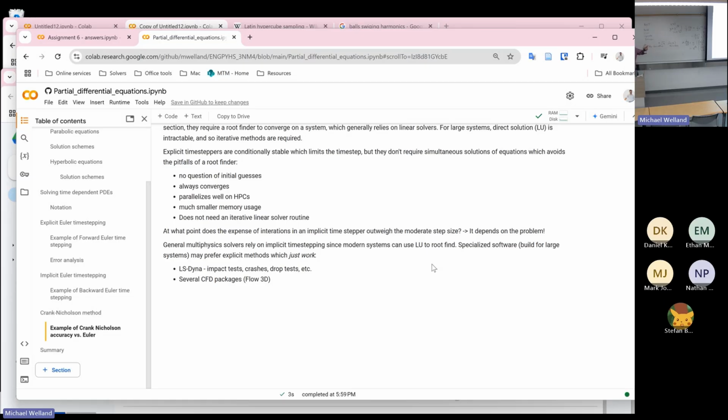Every single part of that is not only flying through the air, but you also have the vibrations and impact and crumpling and all that fun stuff. You throw an explicit solver at it because it will converge. You don't have to do anything like contact. Contact is a nightmare because you have nothing and then you have something. Explicit solvers will work. So that's my summary of that one.